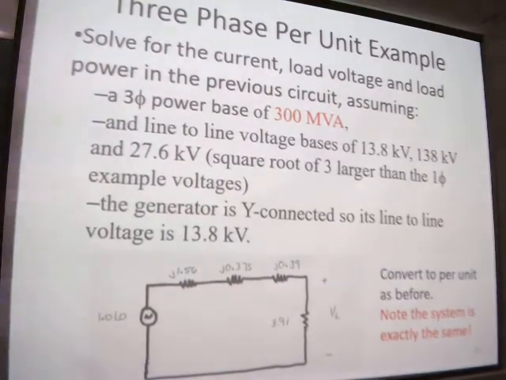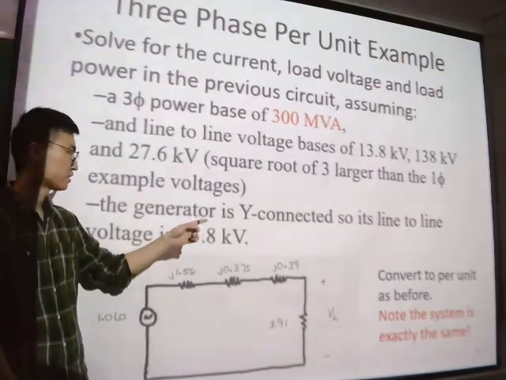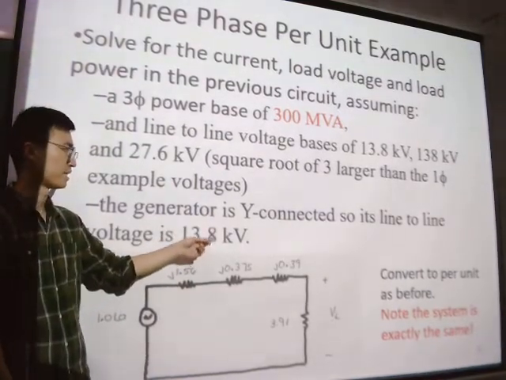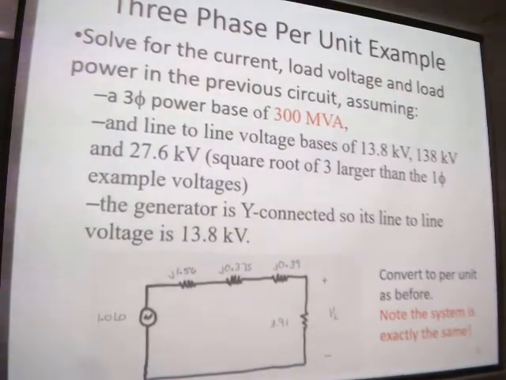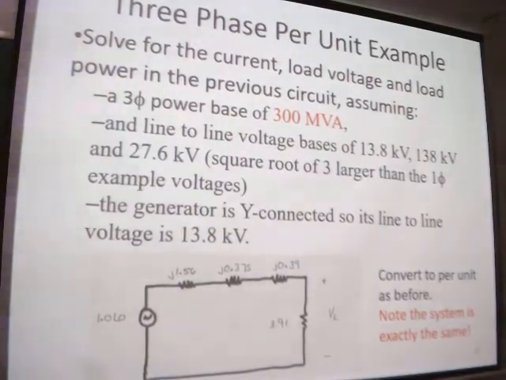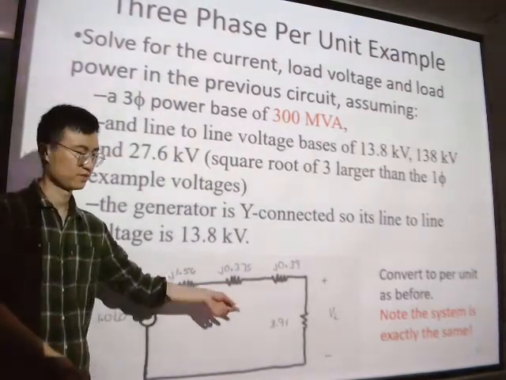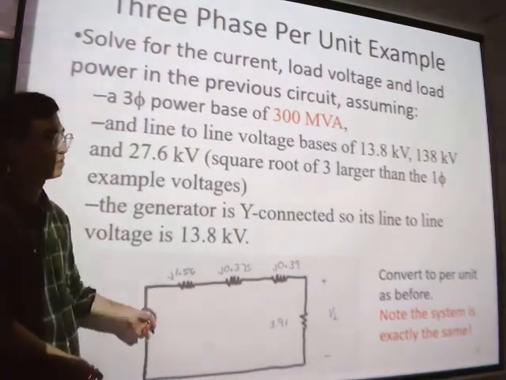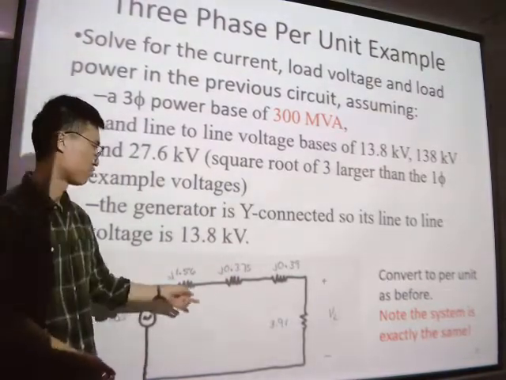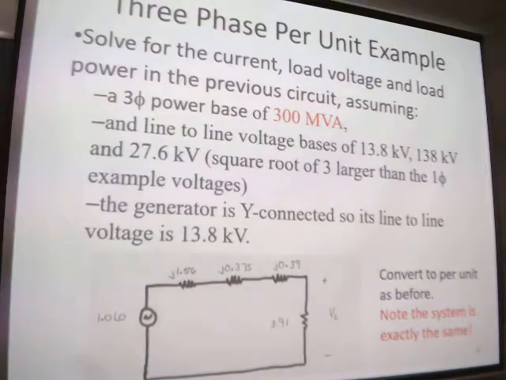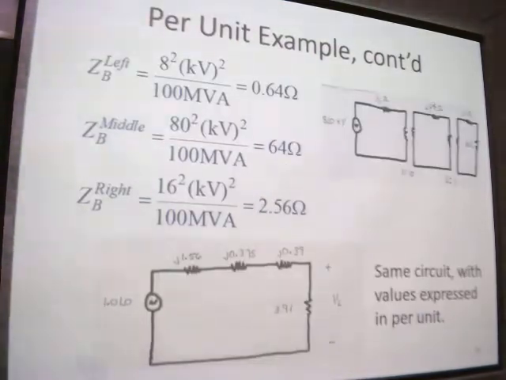So the line-to-line voltage is 13.8 kilovolt. So you will see that it will be the identical equivalent circuit in the per unit analysis. So you can remember, it's the same figure.